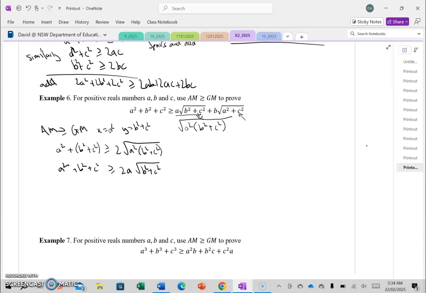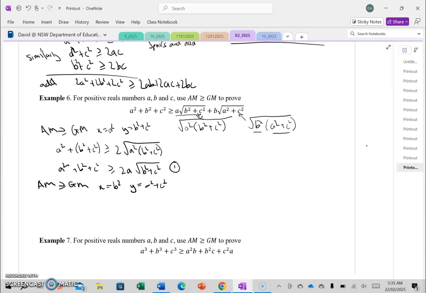Okay, to get the second bracket, you can sort of see that the 2 numbers are going to be b squared and a squared plus c squared. We'll call it 1. So AM greater than or equal to GM with x being b squared and y being a squared plus c squared.